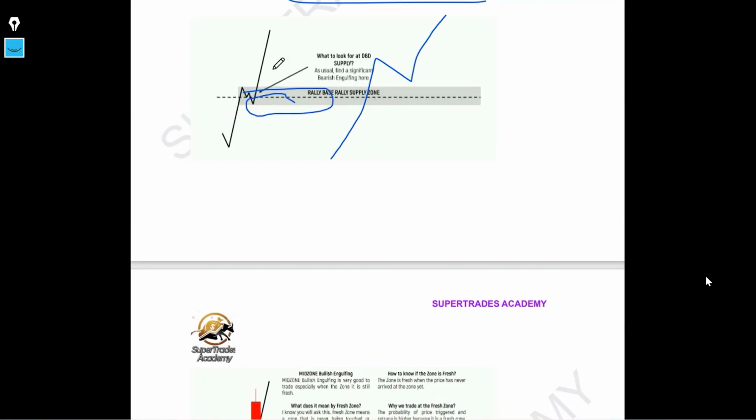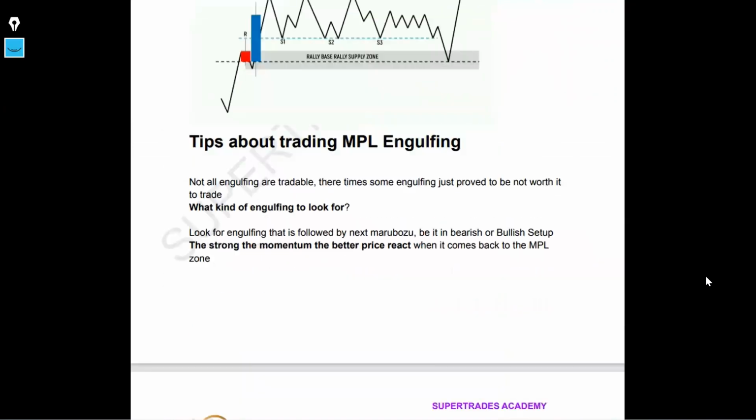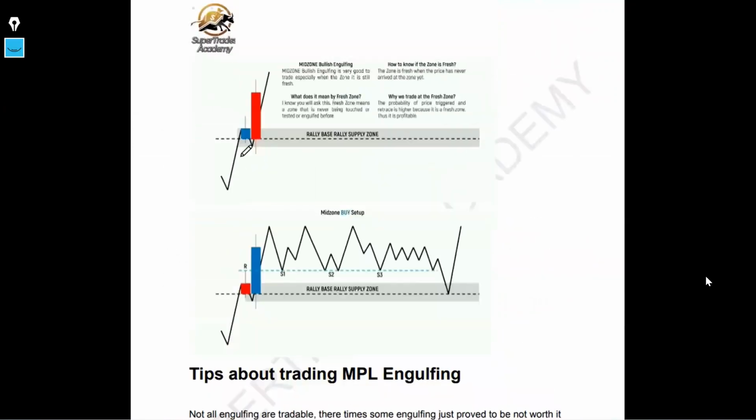I made some mistakes here, but rally, base, rally, this is the demand zone. You wait for the market to come and pick orders. Let us see how it looks here. This is rally, base, rally. There must be a bullish engulfing. So you have to wait for the market to come back here and go all the way up.